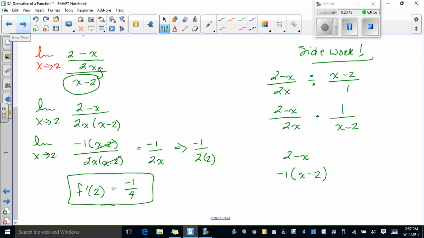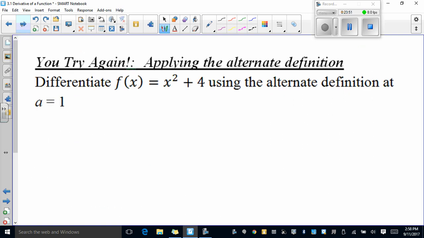It's just one more of these, a little bit different, that we're still doing the limit as x approaches 1, f of x minus f of a over x minus a.